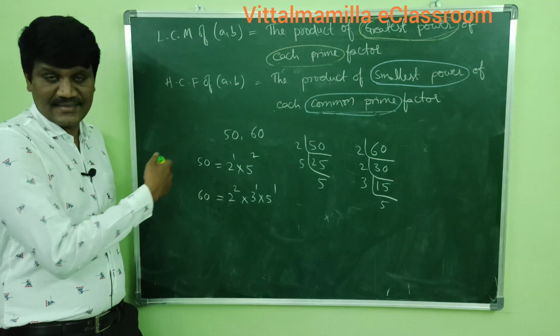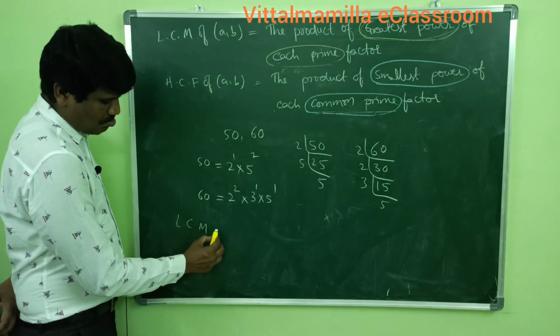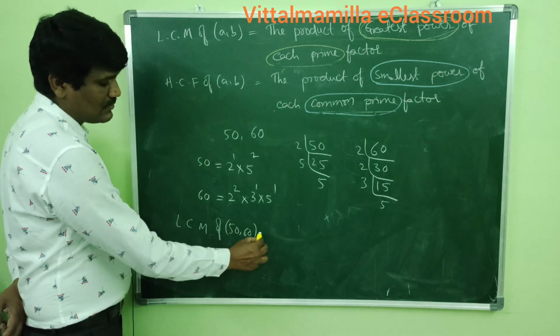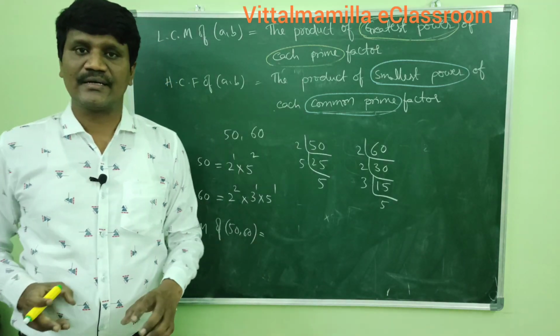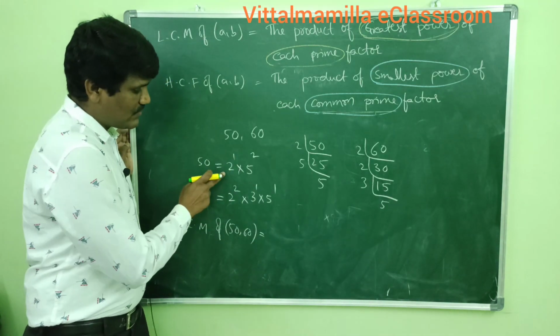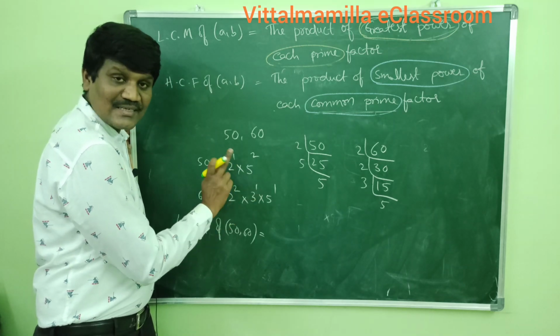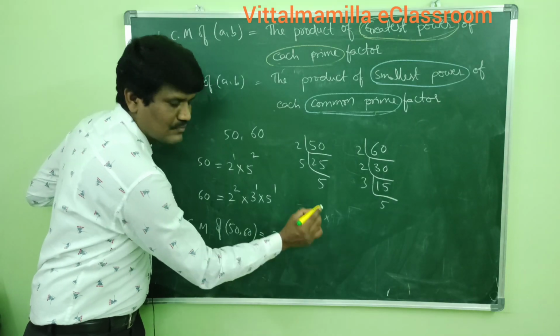Now you will understand LCM and HCF easily. Now let us see what is LCM. LCM of 50, 60 will be: each and every prime factor you should write. So what are all the prime factors? We are having 2, 5 here, 3. Okay, so in this case what you should write? 2 into 3 into 5.